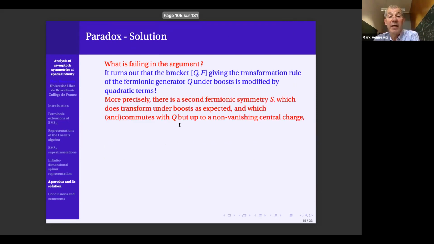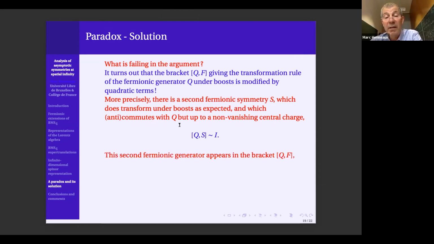To be more precise, there is a second fermionic symmetry, which I call S, which transforms exactly under the spinorial representation of the Lorentz algebra, with a non-vanishing central charge. Actually, Q with S is 1.